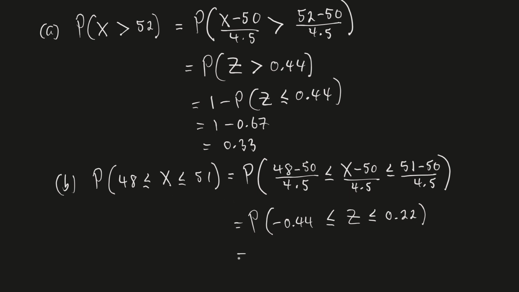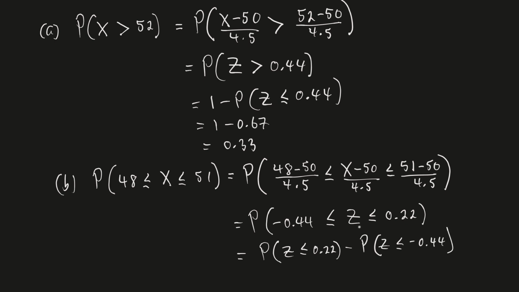So let's write this now as a difference. This probability is equal to the probability that z is less than or equal to 0.22 minus the probability that z is less than or equal to, and again, it doesn't matter if you have the equal sign or not, negative 0.44.